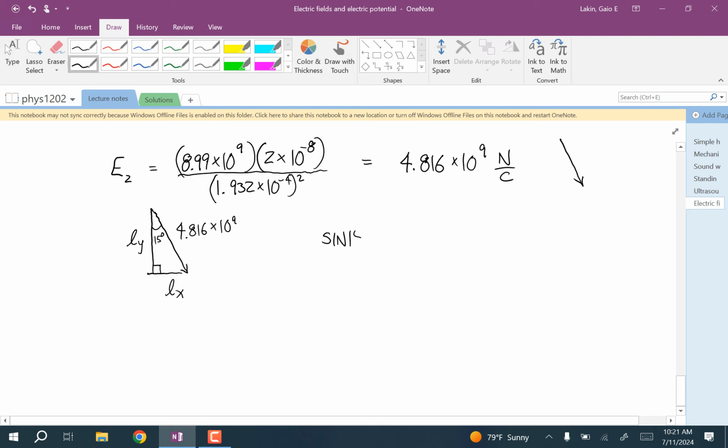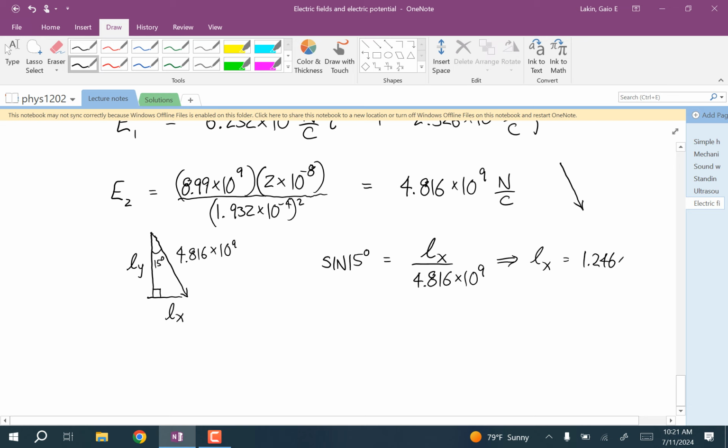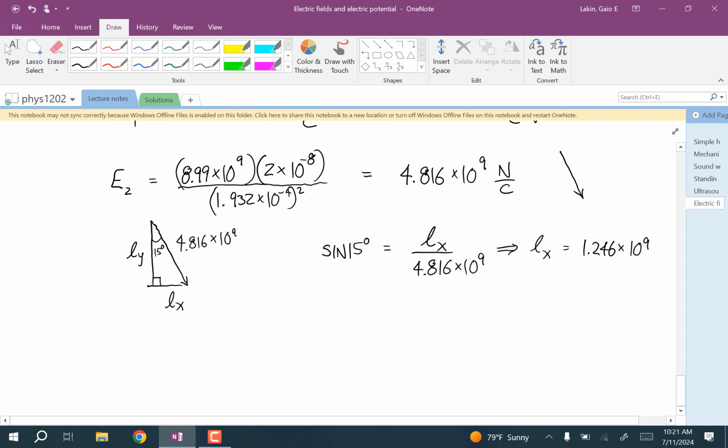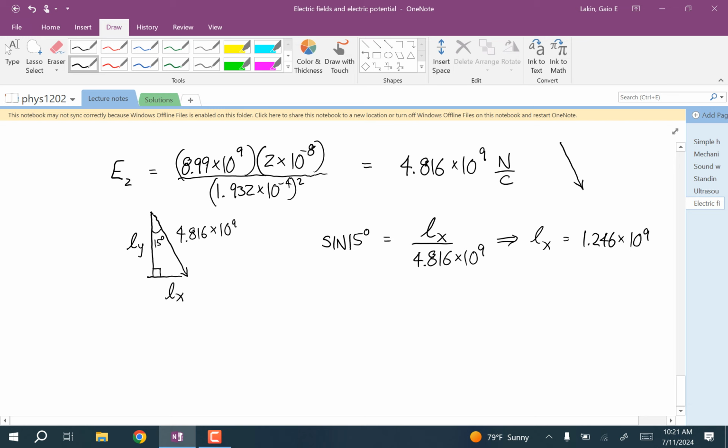The sine of 15 degrees is equal to the opposite over the hypotenuse. And so Lx is equal to 1.246 times 10 to the 9th. The hypotenuse, that vector, is within 90 degrees of the positive x-axis.